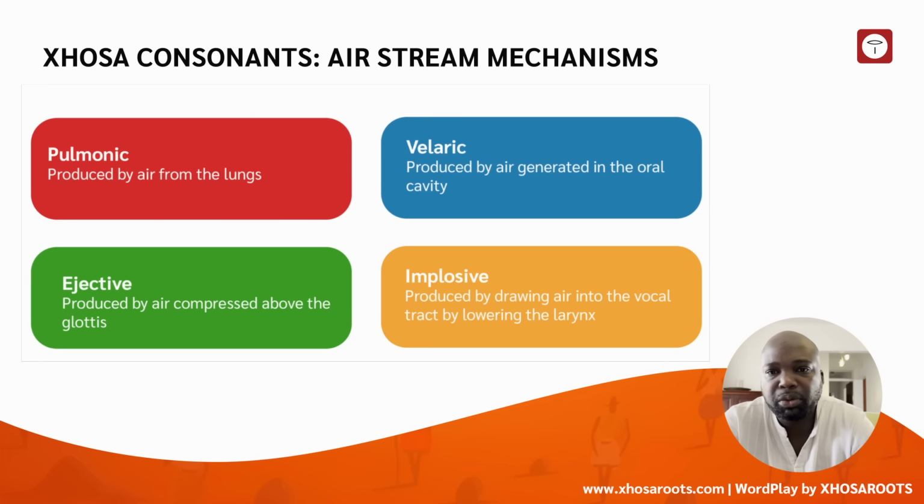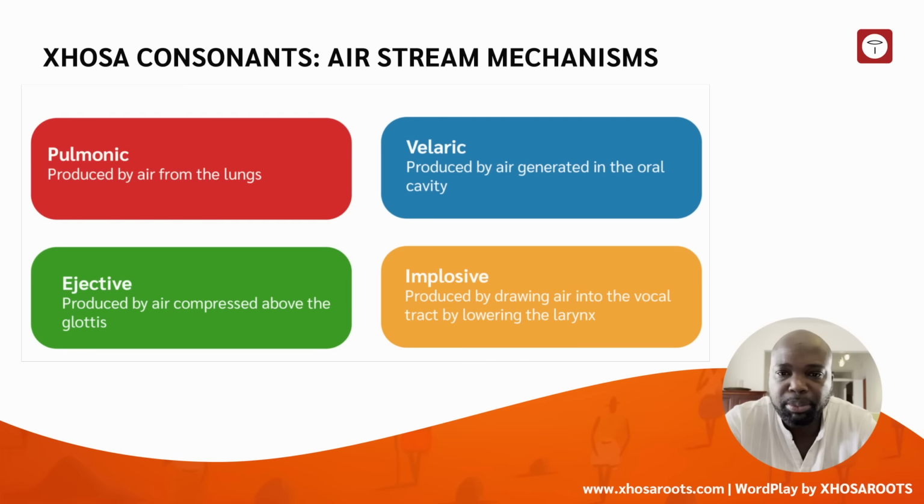We have sounds that are produced by air generated in the oral cavity, and these are velaric sounds. The velaric sounds specifically are the clicks. So this is quite rare in languages around the world. And Xhosa, as you well know, has quite a large number of these, 18 to be more specific.